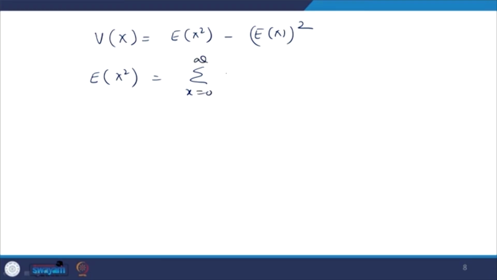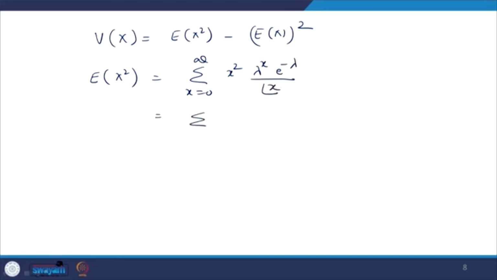Now, if you want to find out its variance, the variance will be expectation of x square minus expectation of x whole square, as we have already seen. Now, what is expectation of x square for this? This is summation x from 0 to infinity x square into lambda raised to power x e raised to power minus lambda upon factorial x.